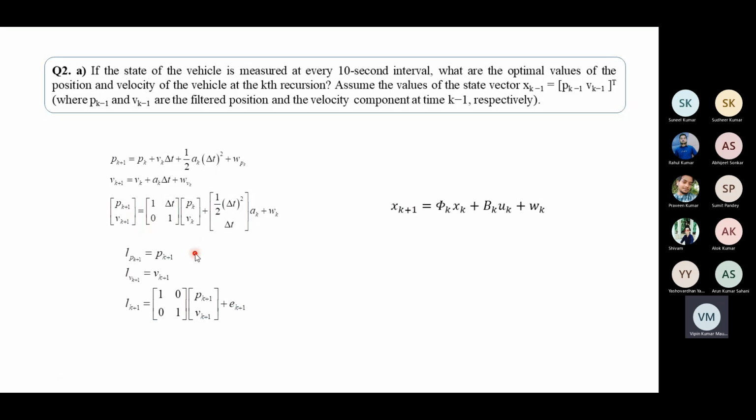In this case, you can see two things are given. So two observations are given. First one is the position, second one is velocity. In the last case, only position was given. So you can see the equation was like 1 0, only 1 0. But in this case, we have two observations, one for position and the second one for velocity.